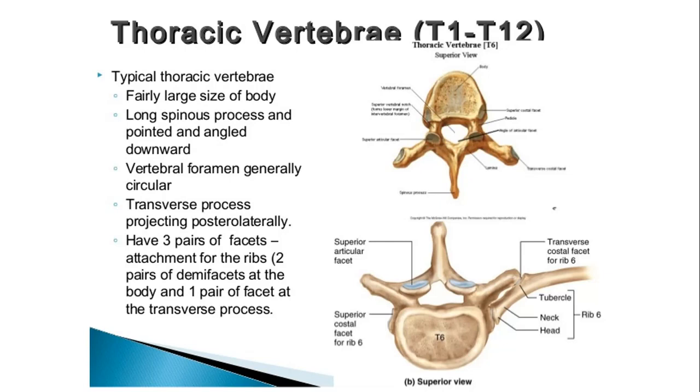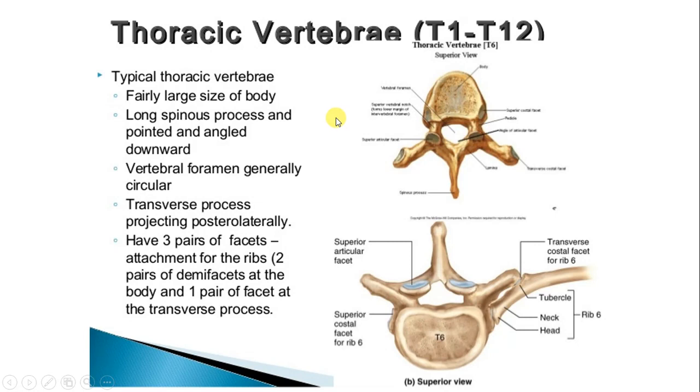So today we are going to discuss the thoracic vertebrae, their features, and how the ribs articulate with them. Thoracic vertebrae are T1 to T12. There are 12 thoracic vertebrae.